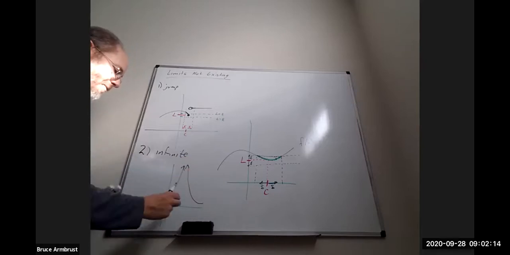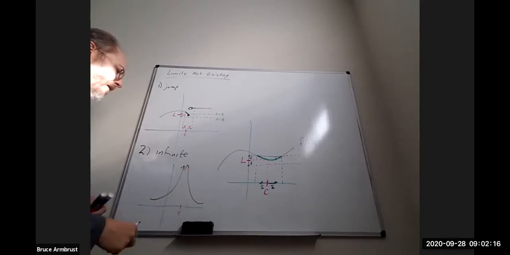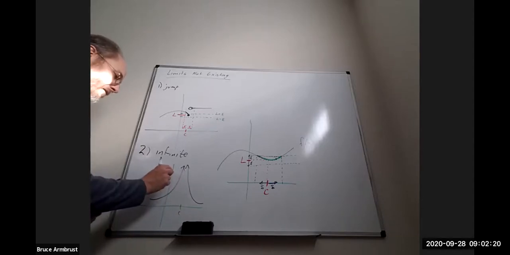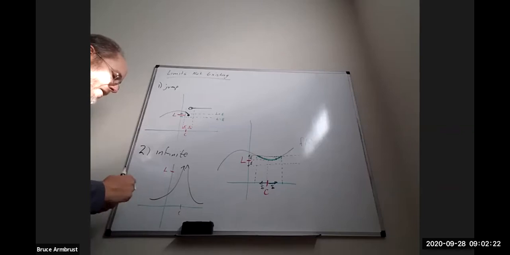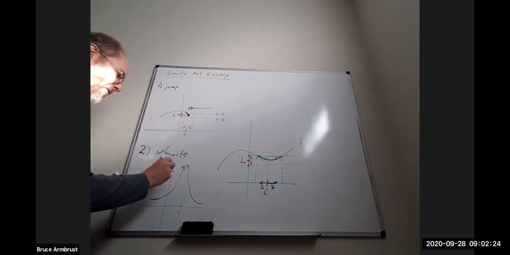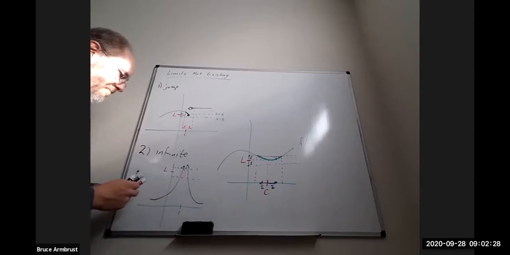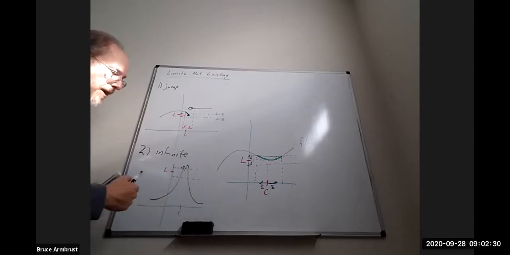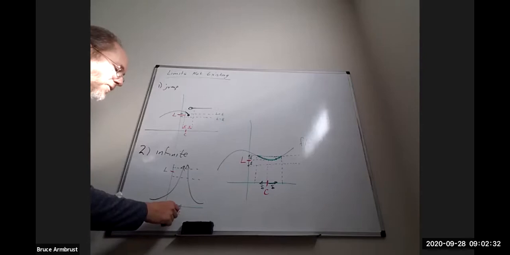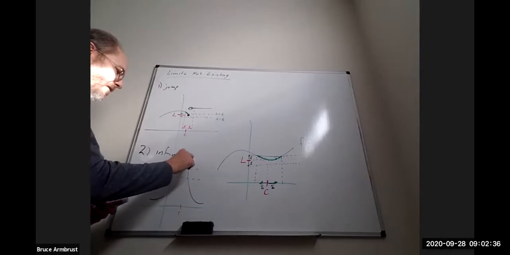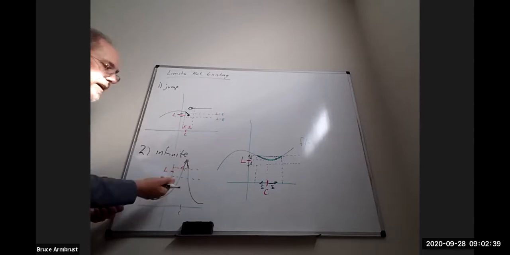And so maybe we're approaching this guy C. If we thought there was a limit somewhere, say this guy is L, we build our horizontal strip of plus epsilon and minus epsilon. And the problem is that no matter how close I get to C, there's always going to be part of this function that's outside of that strip.